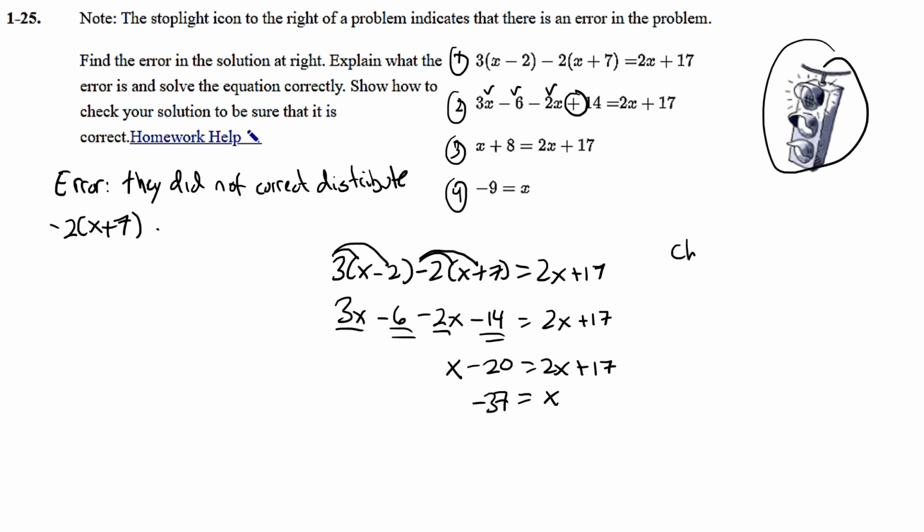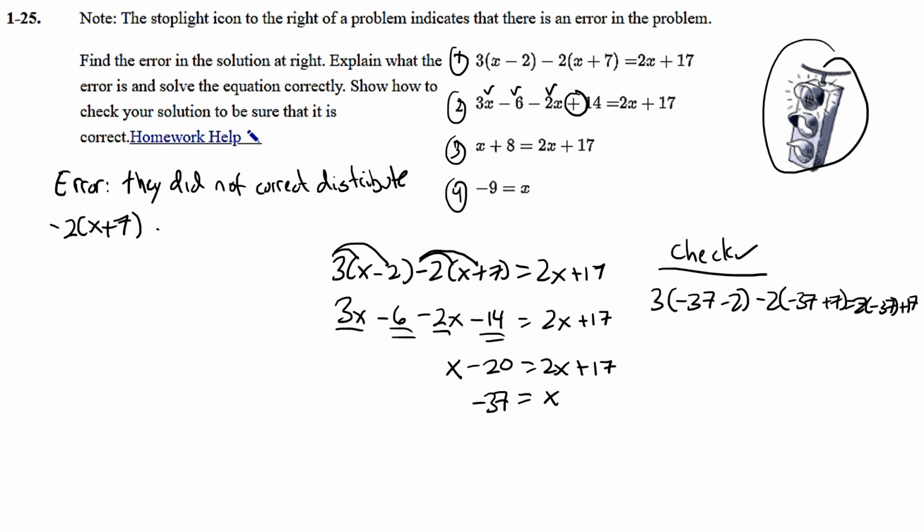So to check my work, we're going to plug that in. So we're going to go 3 times negative 37 minus 2 times negative 37 plus 7 should equal 2 times negative 37 plus 17. I'm out of room. Let's put this in a calculator.